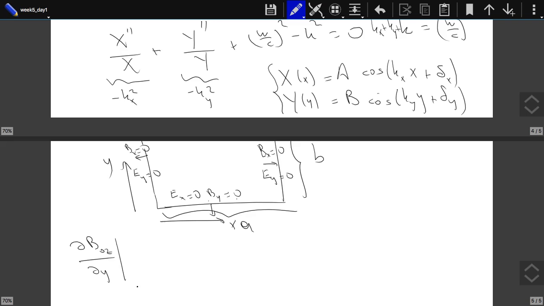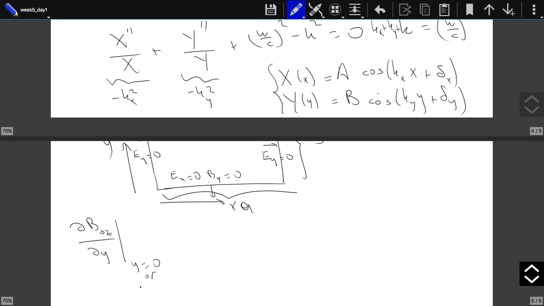When this is evaluated at y equals 0 or y equals b, it should be 0. In terms of my separation of variable ansatz, this means that Y prime at y equals 0 should be equal to Y prime at y equals b.